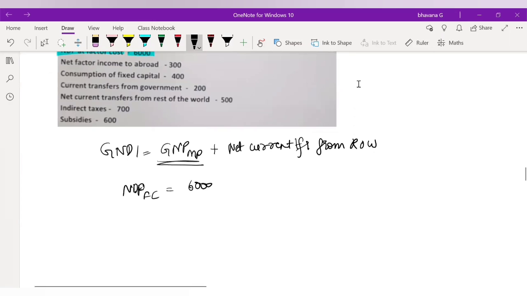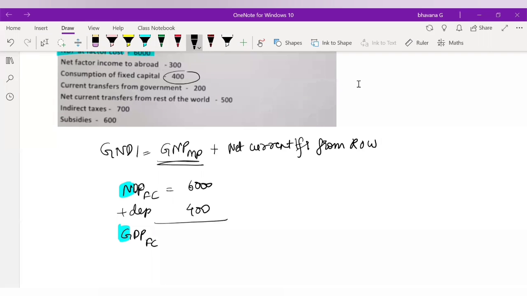From this NDP FC, we'll first find GDP FC. To transfer net to gross, you have to add depreciation. In the question, they have given you consumption of fixed capital 400. So if you do plus 400, you will get 6,400.